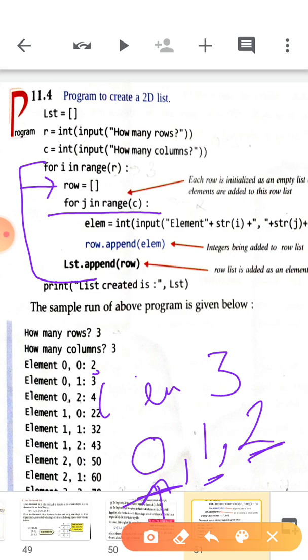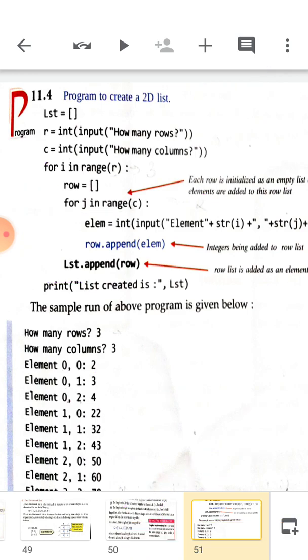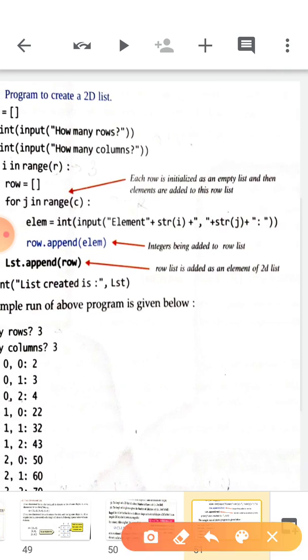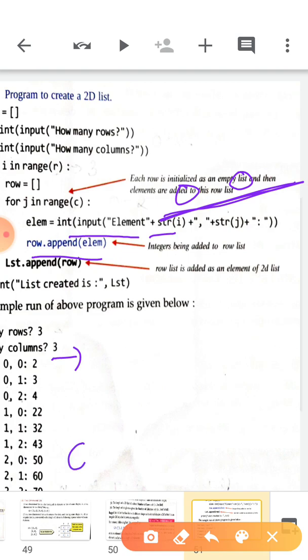For J in range C, again C is having 3, so it will go from 0 to 2. It means at the 0 position your data will be asked. So input element string I, string j, where I is 0 and j is also 0. So at the 0,0 position you have to add an element. Append means you have to add an element, so you are adding 2. It means at the 0,0 position the first element has been added.